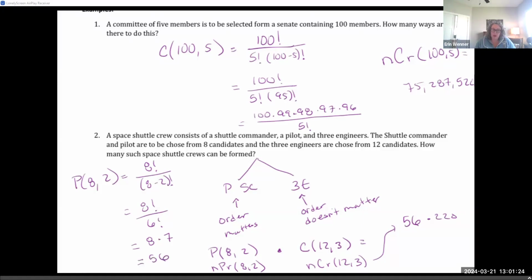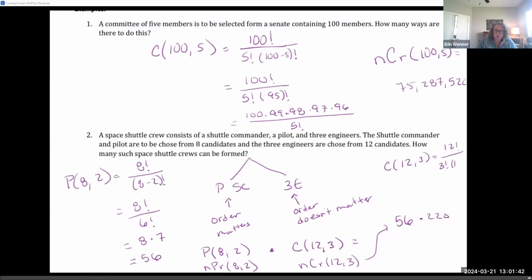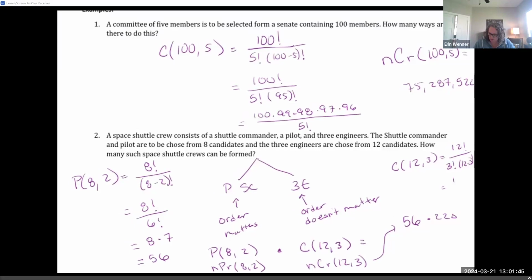For the nCr portion, we have the combination of 12 items taken 3 at a time. That's going to be 12 factorial divided by 3 factorial times 12 minus 3 factorial, which reduces to 12 factorial over 3 factorial times 9 factorial.